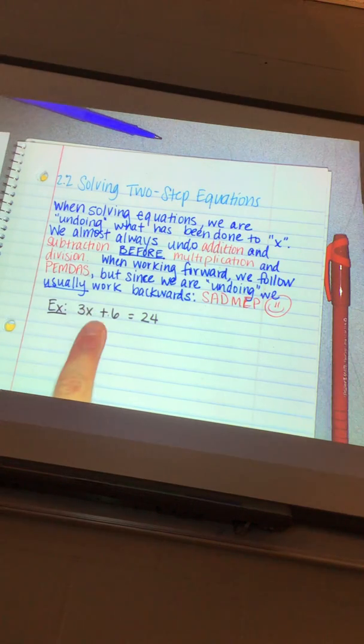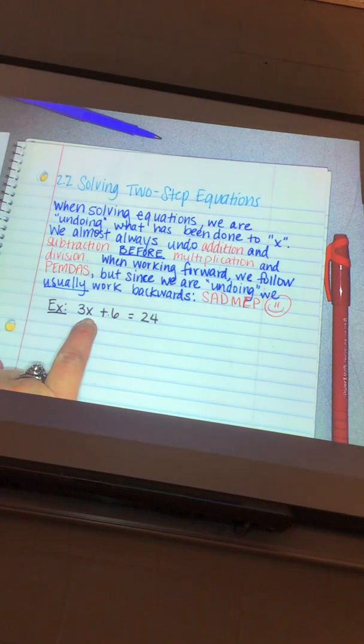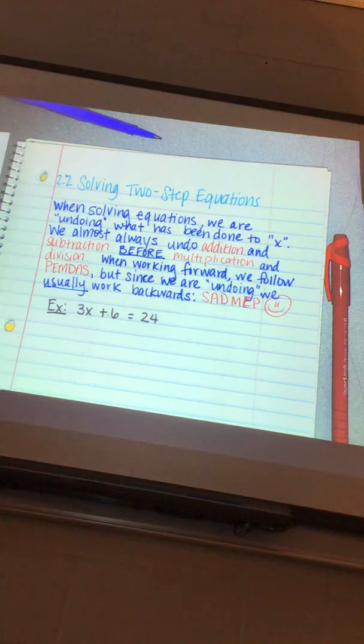Well, in this case, we have to remove the plus 6 because that's attached by addition, and the 3 that's also attached to it by multiplication. So we have to do the inverse operations, which would be subtracting when we add and dividing when we multiply.